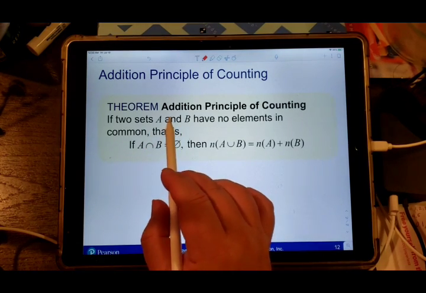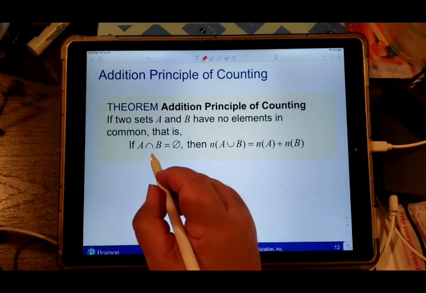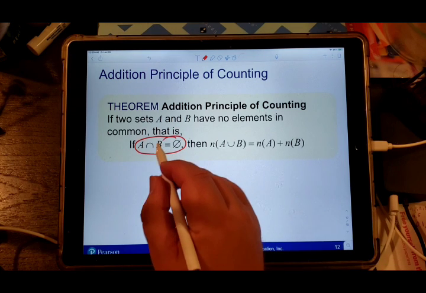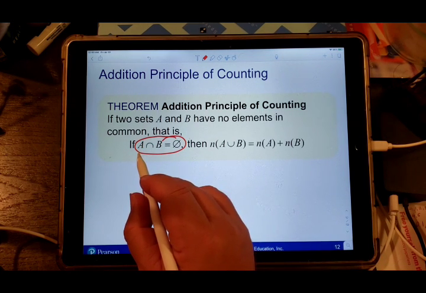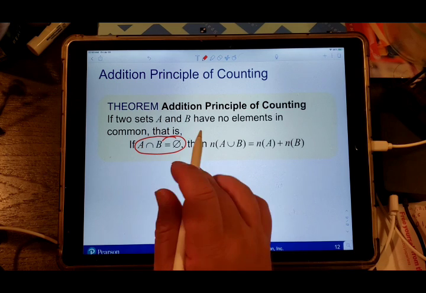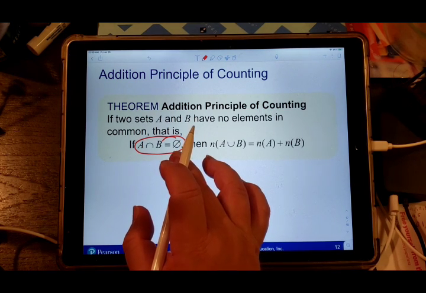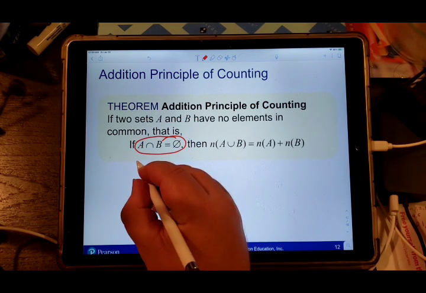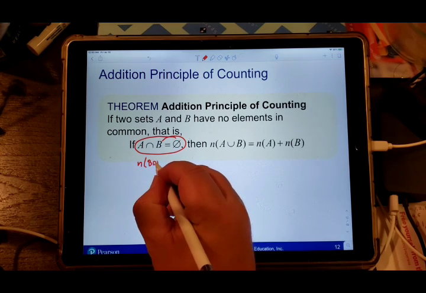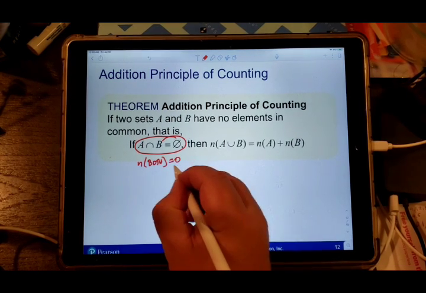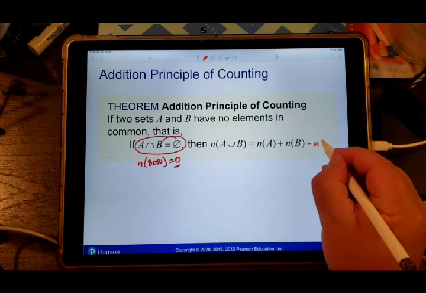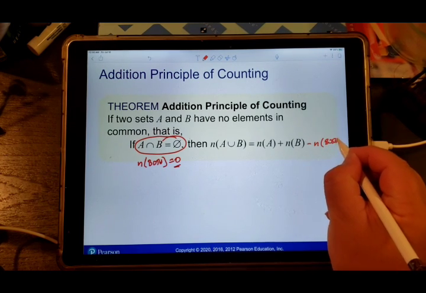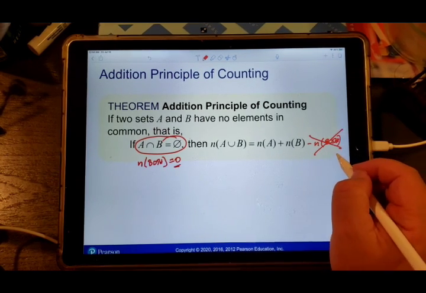Now, what they're saying here is if the intersection is the empty set, what that means is the number of students who did both is equal to 0. Then that, remember, minus the number in both, well, that just drops out.